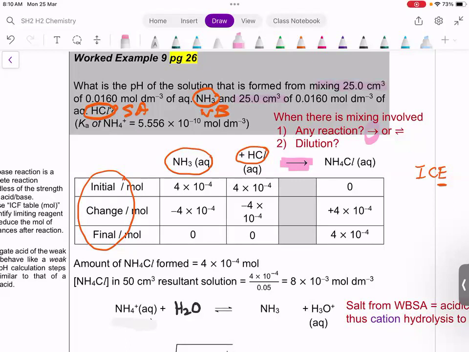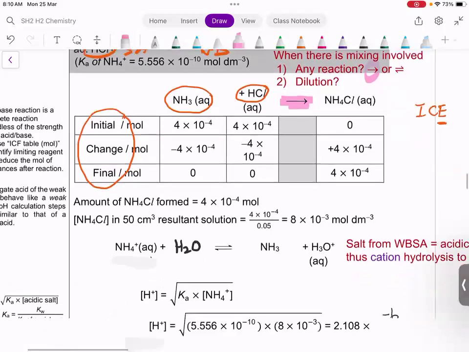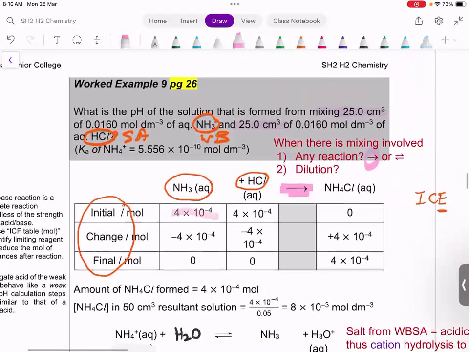So the total volume now becomes 50 cm³. So with the addition of two solutions, you have to consider dilution. This is what we have learned last lesson also. When you add two solutions together, you have to consider dilution. From the number of moles of the weak base and the strong acid, you know that it will be a complete neutralization. So in the final reaction mixture, none is in excess, all converted to salt.